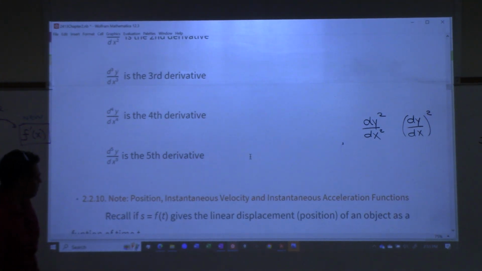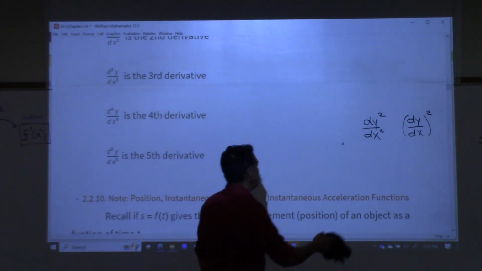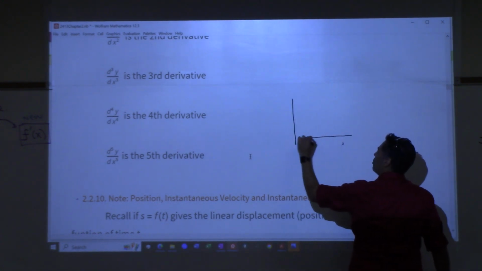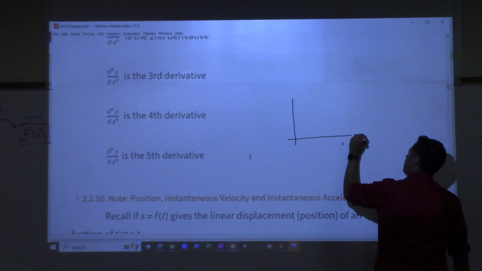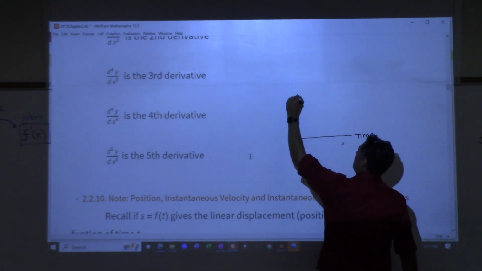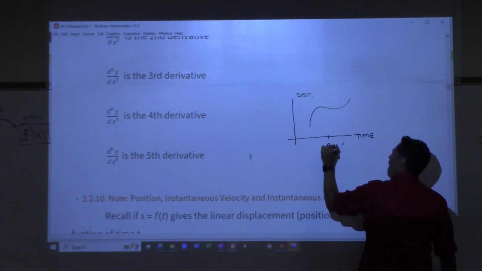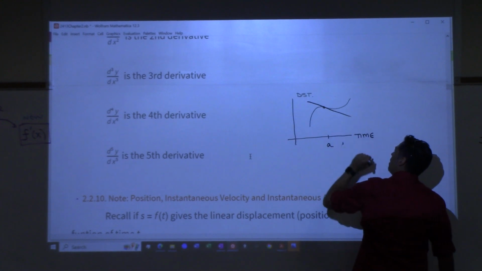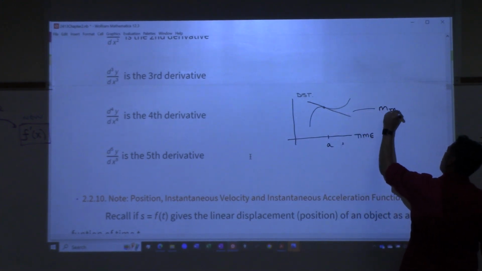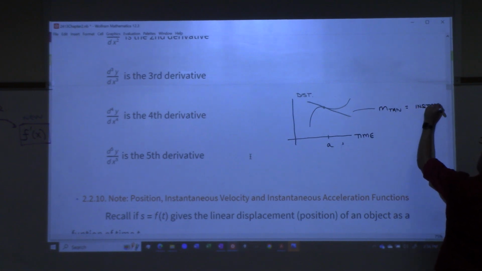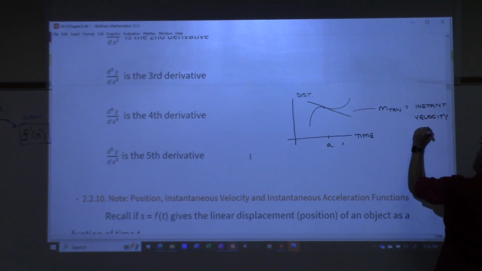We're almost done with this section. I'm going to go back to last class. In last class, I told you that if you were given a position function, where this was time and this was distance, and you had a graph, and you went to some point A and found the slope of the tangent line, that the slope of the tangent line would be equal to the instantaneous velocity at x equals a.